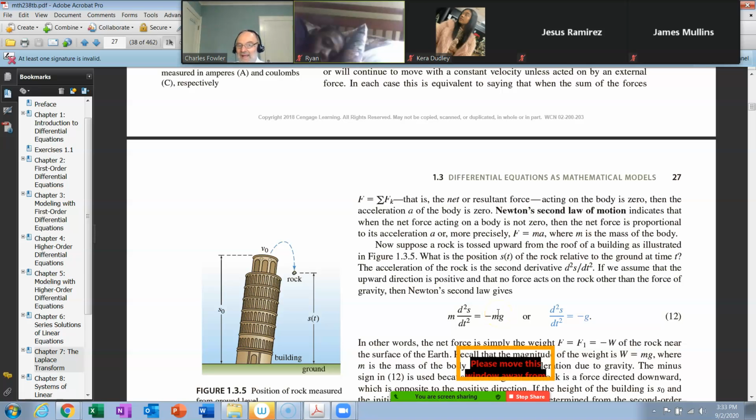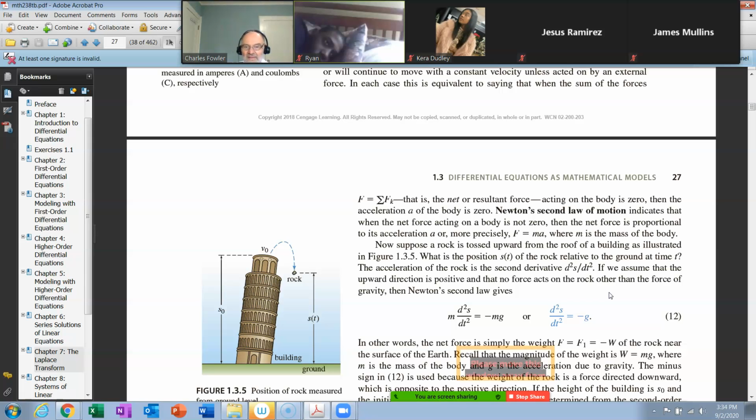Okay, and that's it. You can divide out the masses, and there's your simplest form of Newton's second law, that the change of the speed of an object, that's displacement of an object, is equal to minus g.